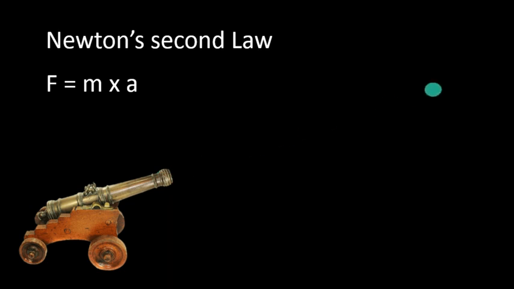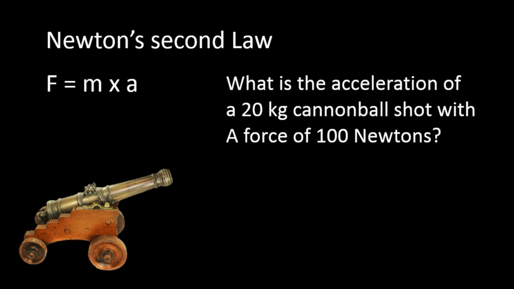And so using that formula, we can determine the acceleration of a 20 kilogram cannonball shot with a force of 100 newtons. So we're trying to figure out the acceleration of that cannonball. The mass of the cannonball was 20 kilograms, and the cannon itself gave a force of 100 newtons.